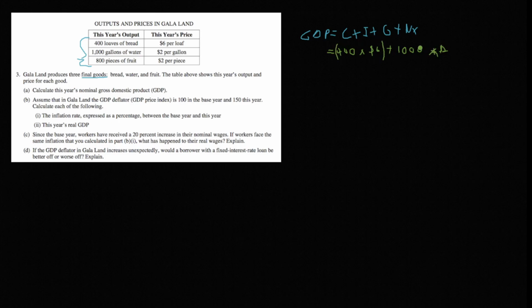Put these in parentheses so you know to multiply them, just so no one gets confused. And then we do the same for 800 pieces of fruit at $2 per piece, so that's 800 times $2. And if we multiply and then add everything together, we get a GDP of $6,000.